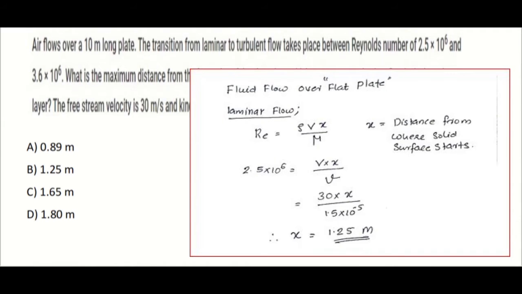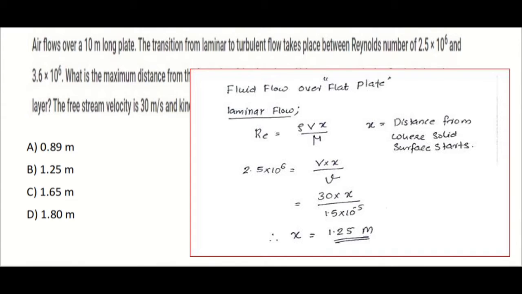In this question, first we need to understand the fluid flow over a flat plate. For a fluid flow over a flat plate in the laminar condition, the Reynolds number is equal to rho v x divided by mu.